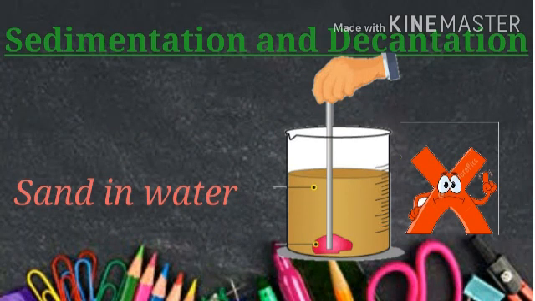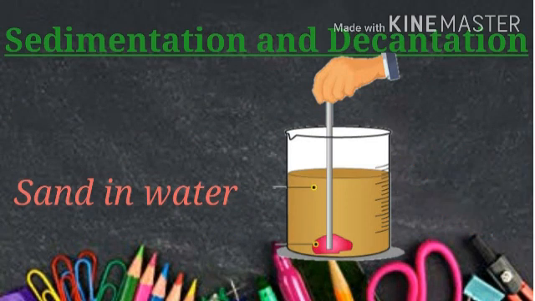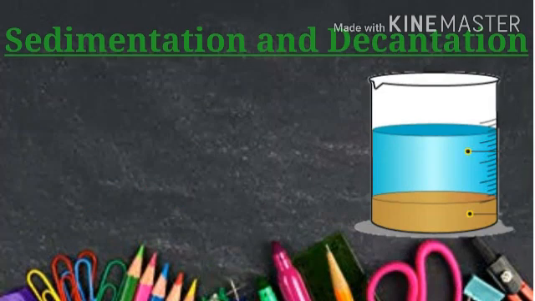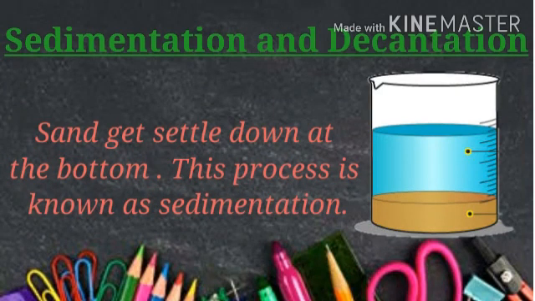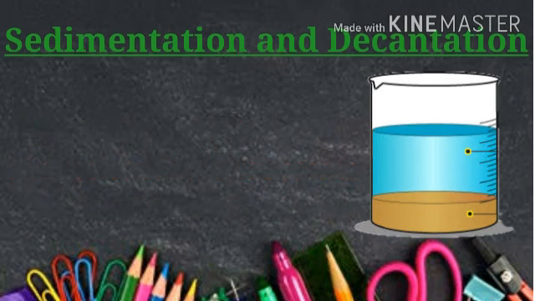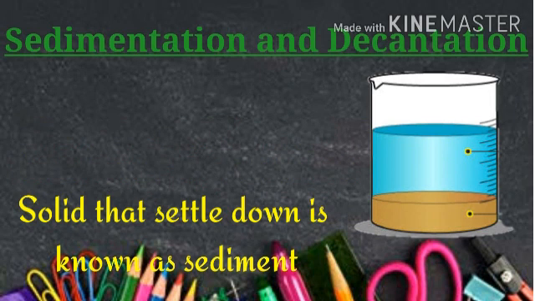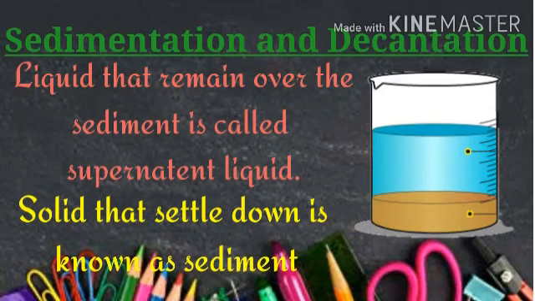So if you leave this mixture of sand and water for some time in an undisturbed position, what will happen? After some time, you will see that the sand particles tend to settle down at the bottom of the container. This process of settling down of sand is known as sedimentation, and the solid, in this case sand, which settles down is called sediment, and the liquid which remains over the sediment is called supernatant liquid.